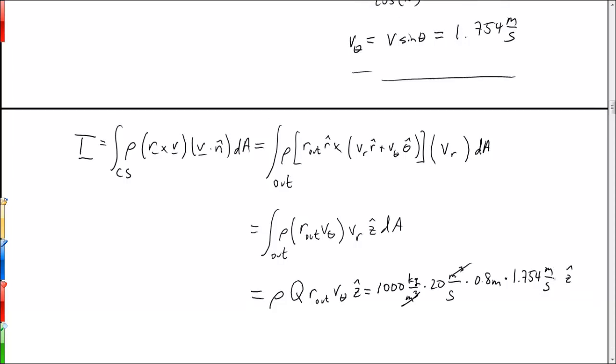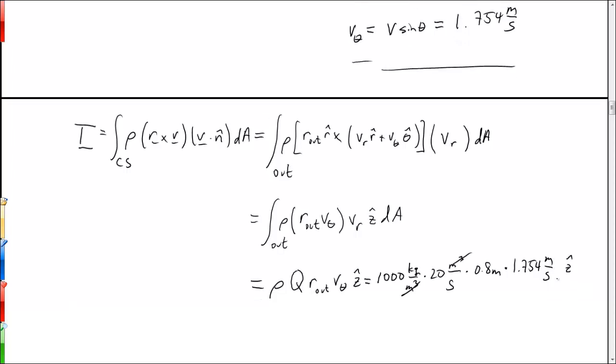And when we do the multiplication all the way through, we get 28.1 kilonewton meters. So we've been carrying through the z hat all the way through.